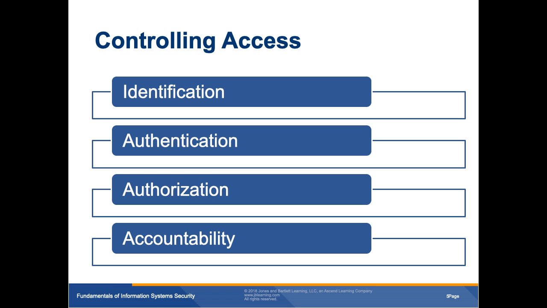So say, for example, you go into a building and they have a security guard, you present them with your ID. That's your identification. Then the authentication is they look at your ID, then look at you and verify that it is you. And then authorization, they look through the list of people that have access to entry, and then they authorize you to enter.